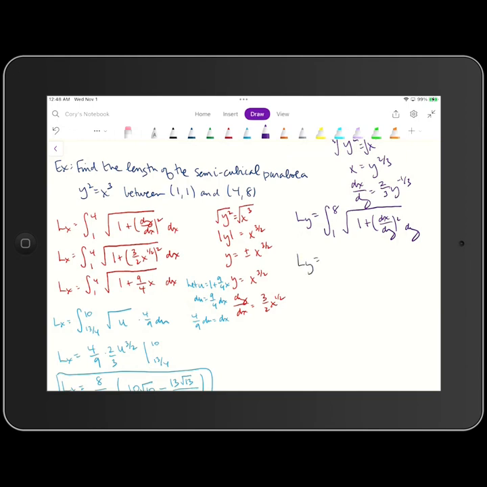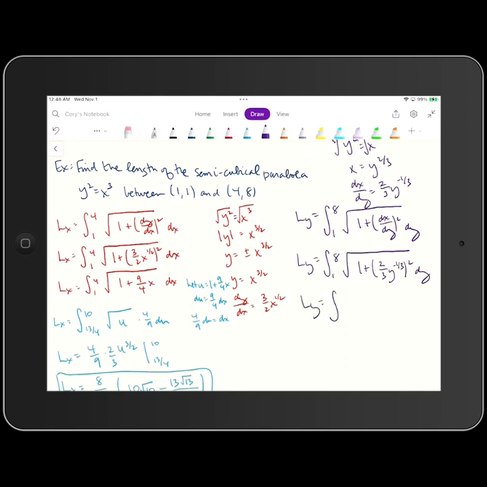So arc length with respect to y is the integral from 1 to 8 of the square root of 1 plus 2/3 y to the negative 1/3 power, quantity squared, which we're integrating with respect to y.